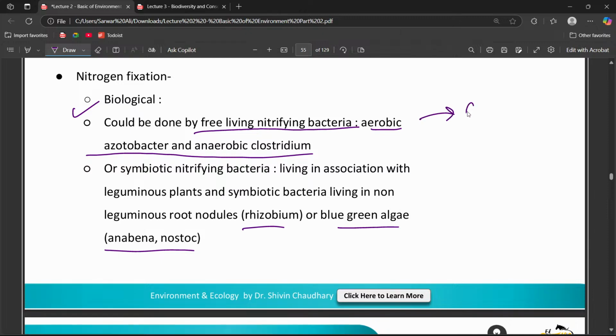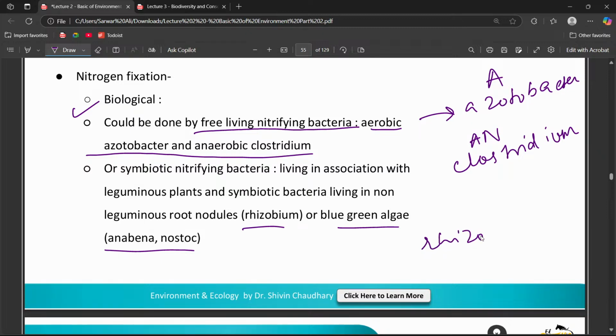Free living: Azotobacter, which is aerobic, and anaerobic is Clostridium. Then we have Rhizobium, and we have Anabaena and Nostoc.